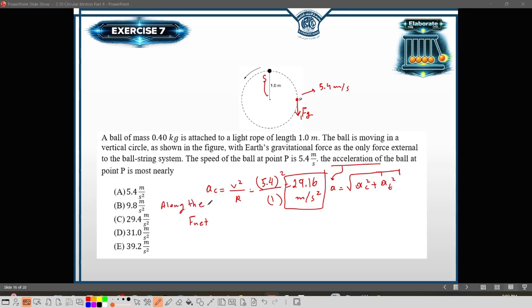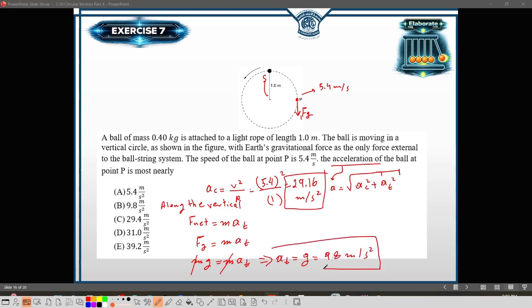So we just write F net along the vertical direction. F net is equal to m times a tangential. The F net is only the force of gravity, mg, equal to m AT. So actually, the AT is just the gravity, so it equals g, which means it equals 9.8 meters per second squared.